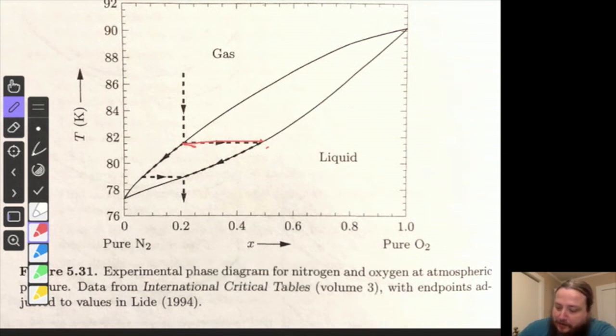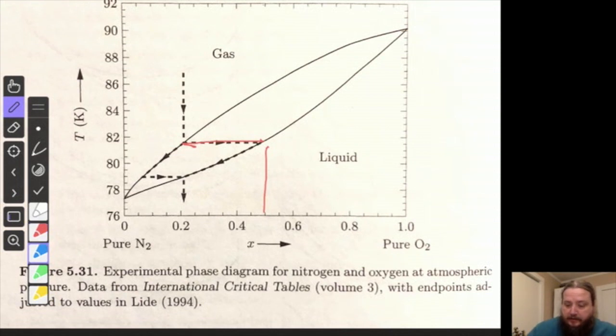So we come over here, and now we're at a much higher, almost 50-50 mix of the nitrogen and oxygen. Way more oxygen than we would usually have had.